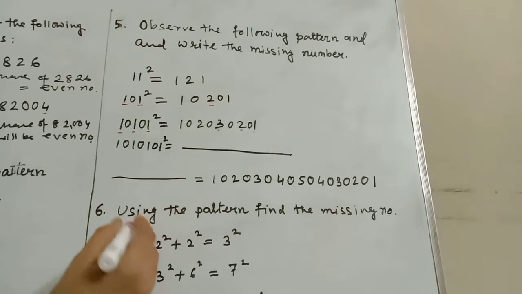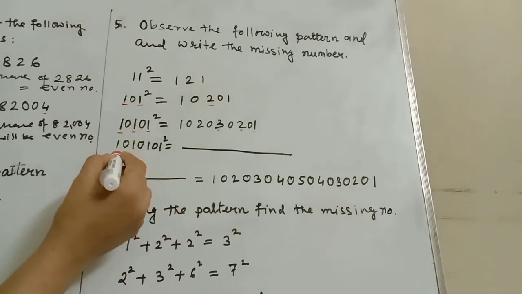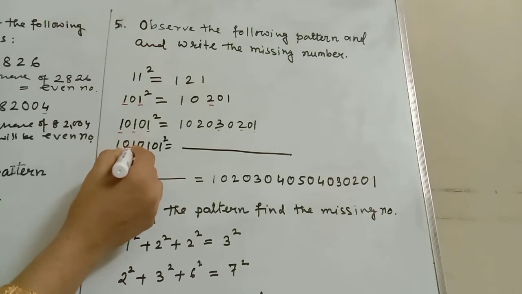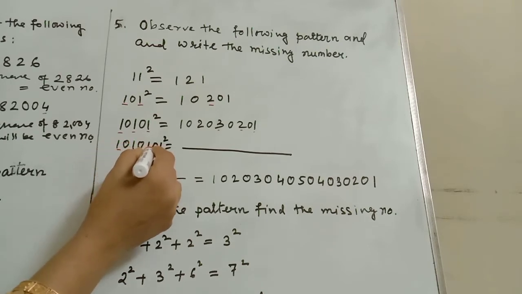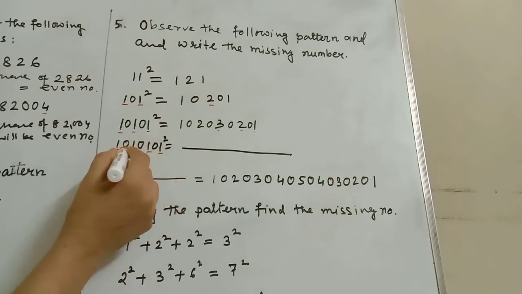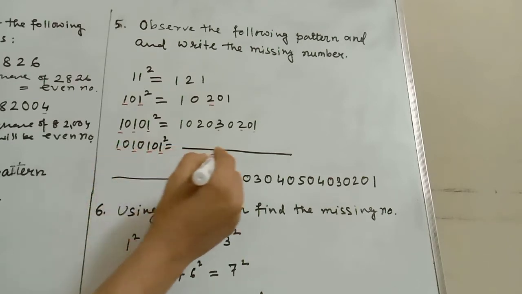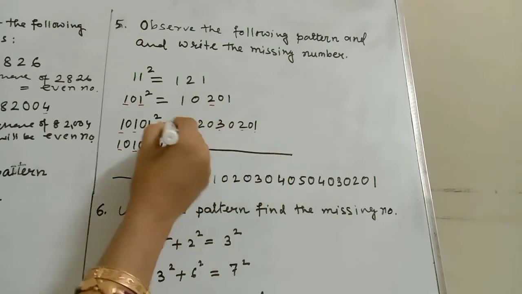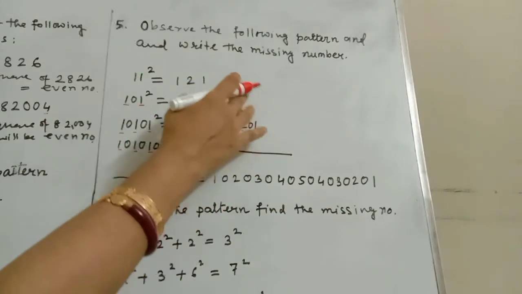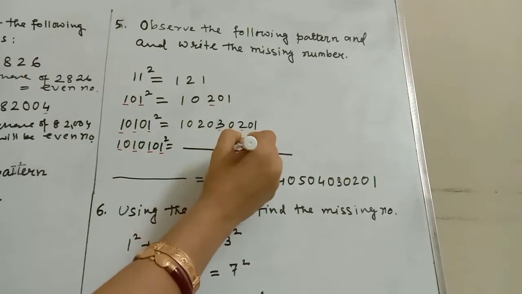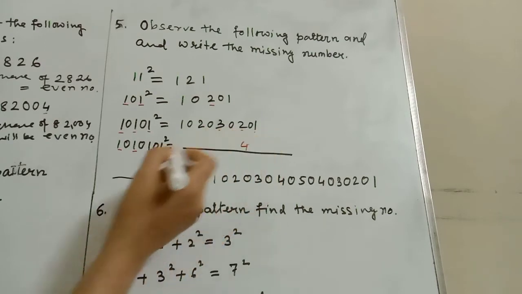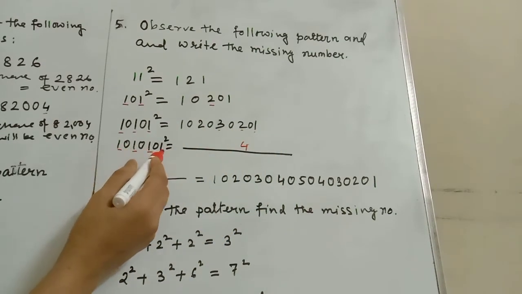Then come to the next number, 1010101 square. That means 1, 1, 1. How many 1s can you see? 1, 2, 3, 4. So what will the number be? By observing the pattern, you can see that 4 will come in between. 1, 2, 3, 4.